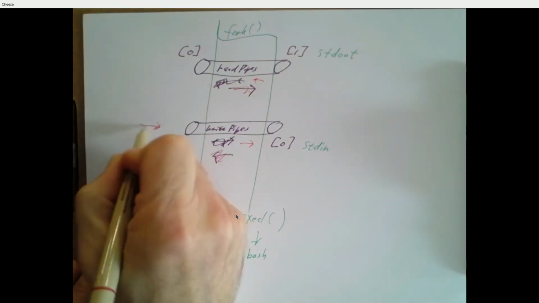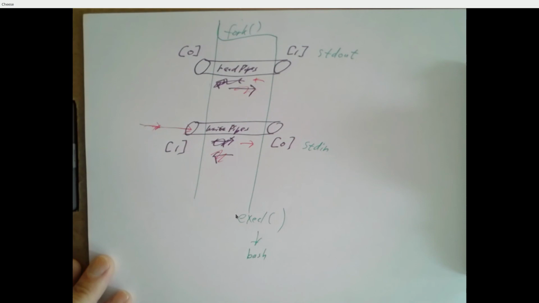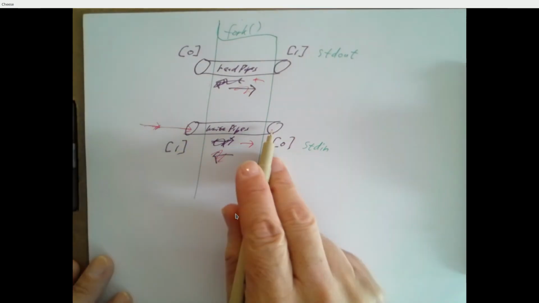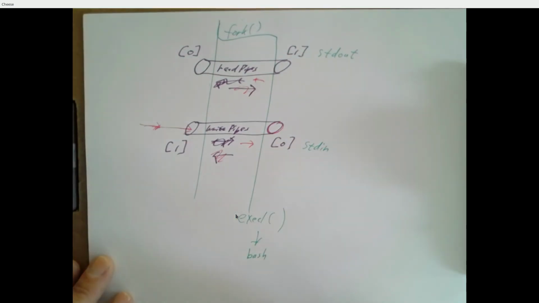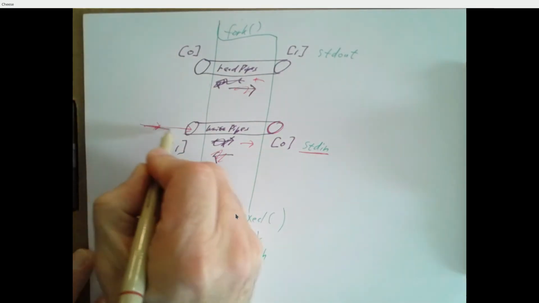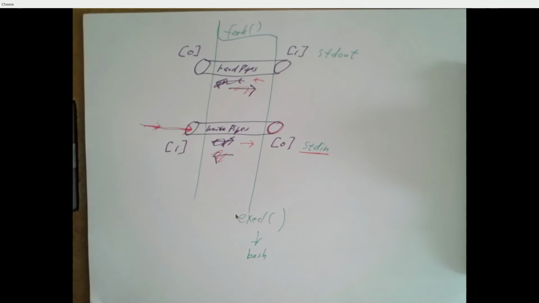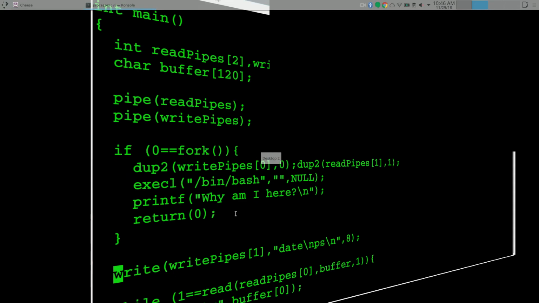So the parent is going to write into this end of the write pipes, and since it's a pipe, that's going to come over here and it's going to pop up into this end of the pipe, which the child process is associated with standard in. So bash will receive whatever the parent writes into this side of the pipe.